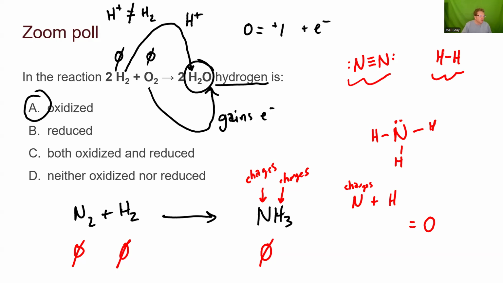Now, the identity of the atoms in those two molecules, they're the same. And whenever you deal with a molecule where the atoms are identical, they're both going to have the same charge. And since the overall charge of N2 is zero, this nitrogen and this nitrogen each have a charge of zero. Each hydrogen has a charge of zero.